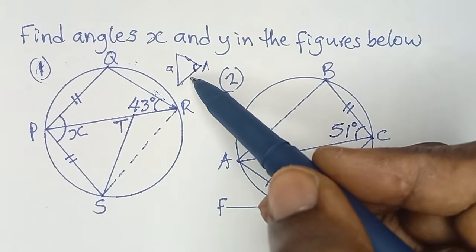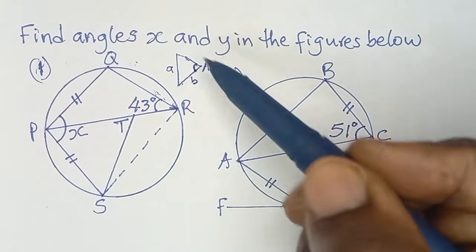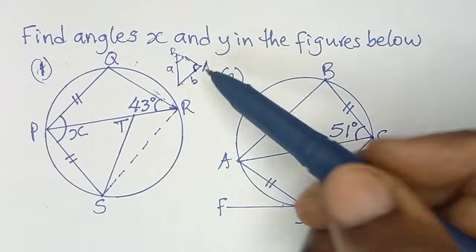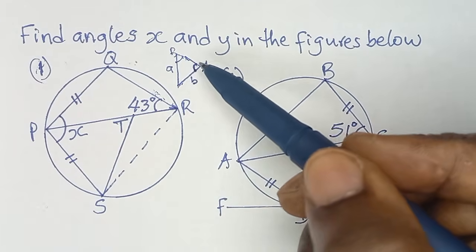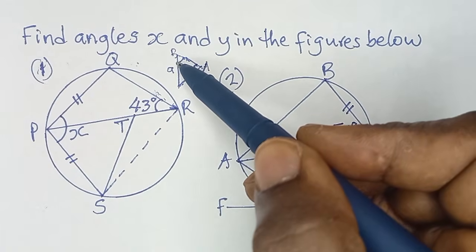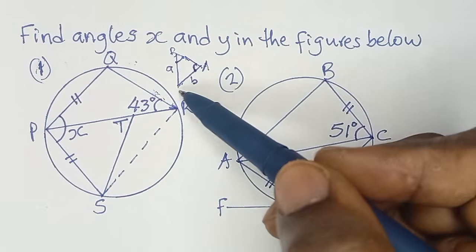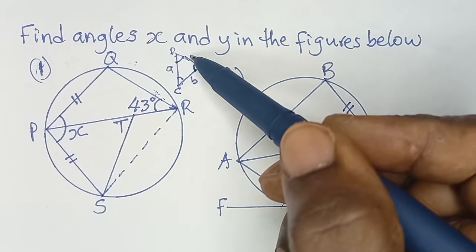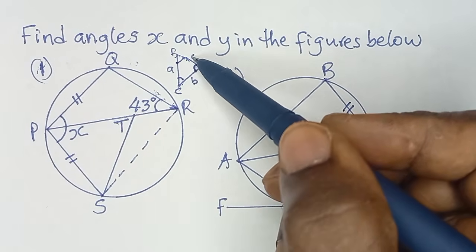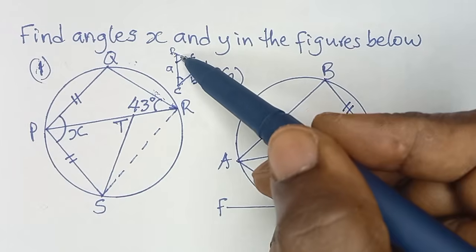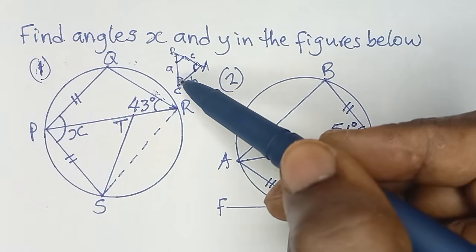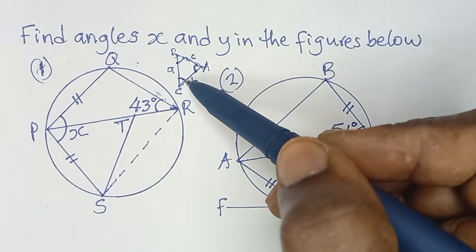And then if this is B, then this will be angle B here. So you also know that it is this side that subtends this angle. In a similar way, if this is angle C, then the side that is opposite it is small letter c. Then we say that this side, small letter c, is the side that subtends this angle C.